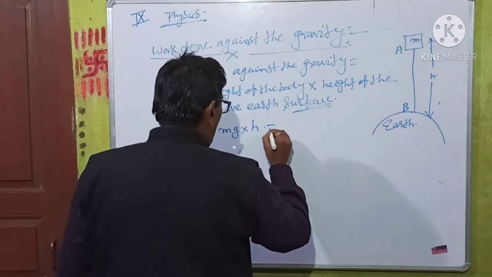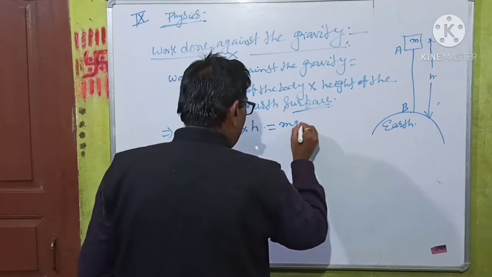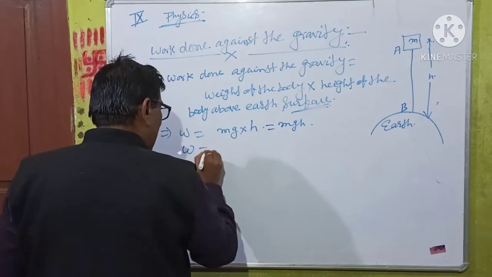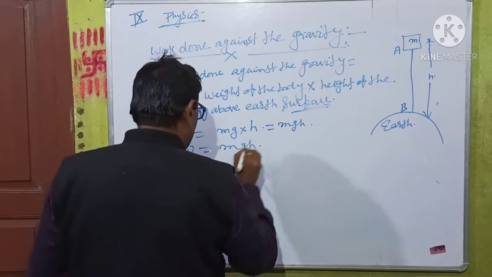So W is equal to mgh. Work done against gravity is equal to mgh.